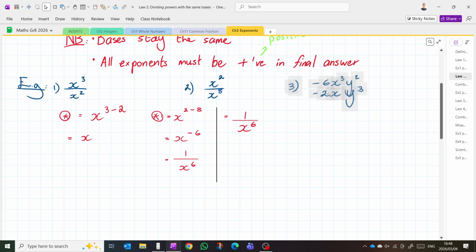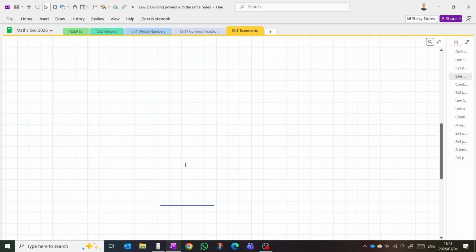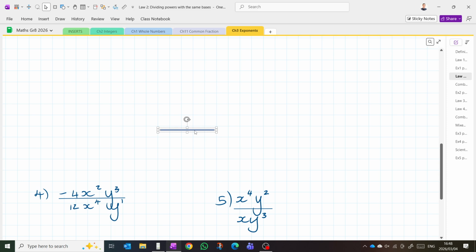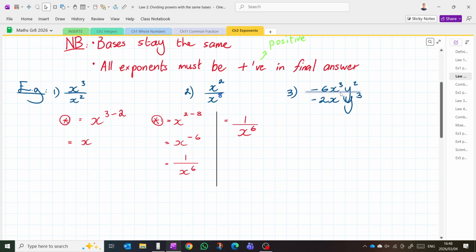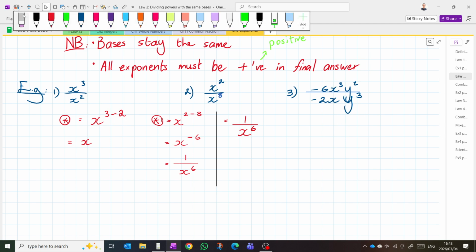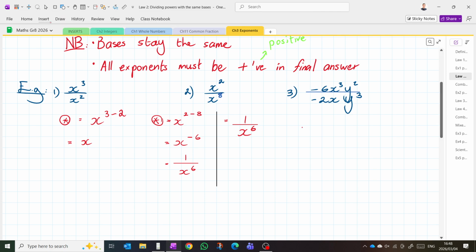Now, have a look at the third one. This is again going to be a case of using S for signs, N for numbers, and then the variables that are the same basis. So we can start this already, and I can say that a negative divided by a negative is going to give me a positive.